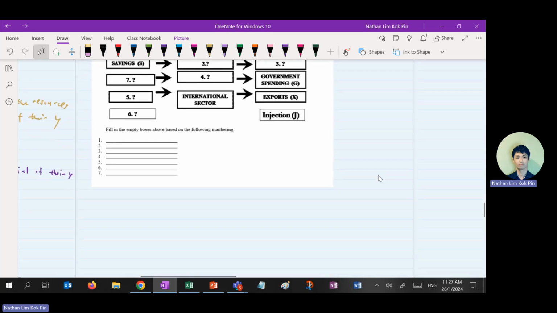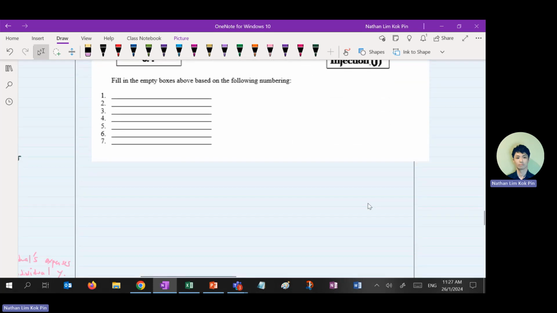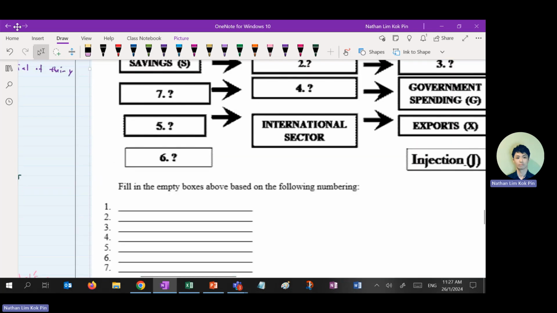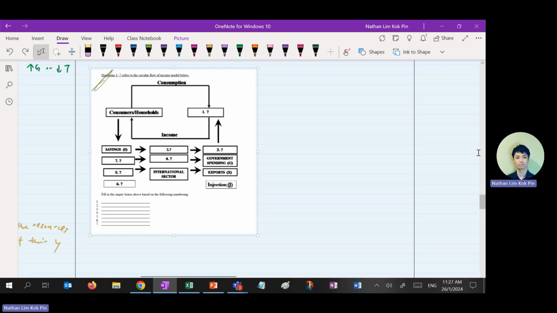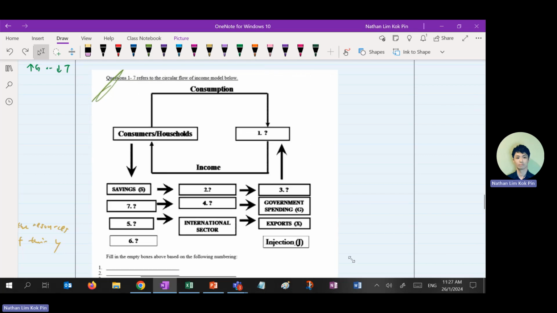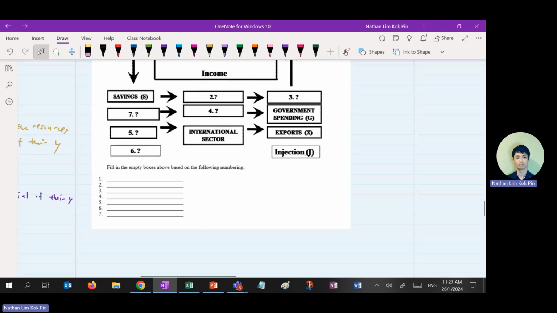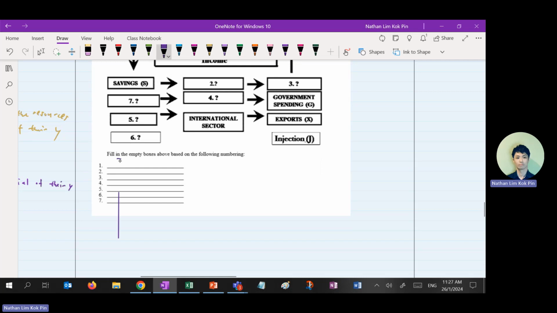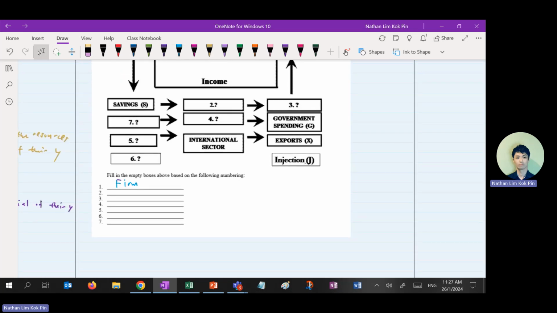Okay, first one. What's the answer? Give me an answer. This one we don't discuss. First one is firm. This one, they don't have the mark scheme. They don't have a marking guide. Firm. Second, financial sector.